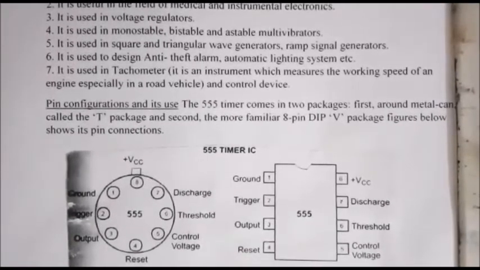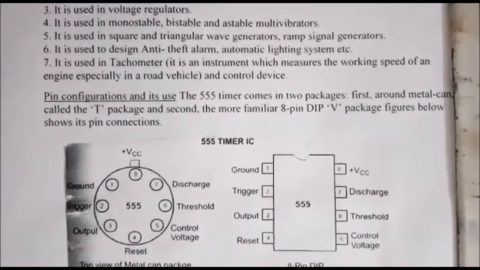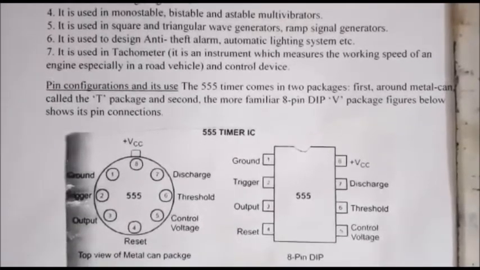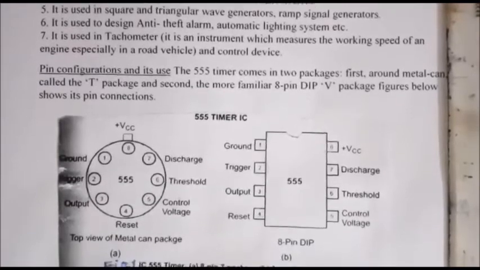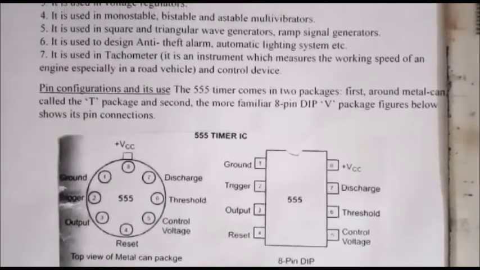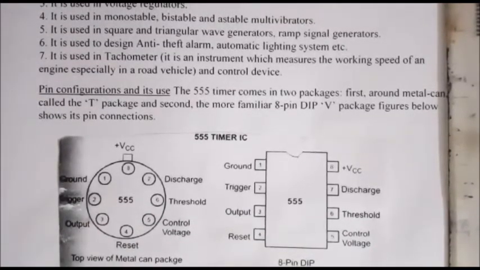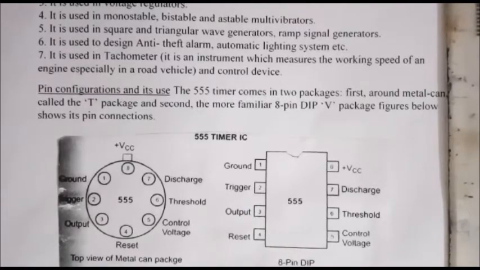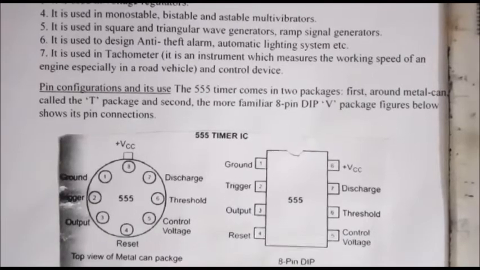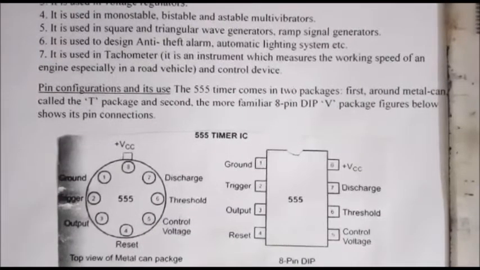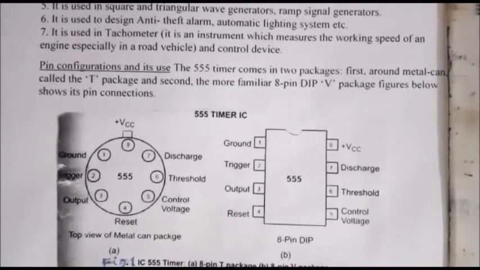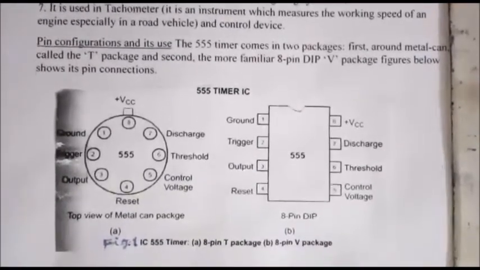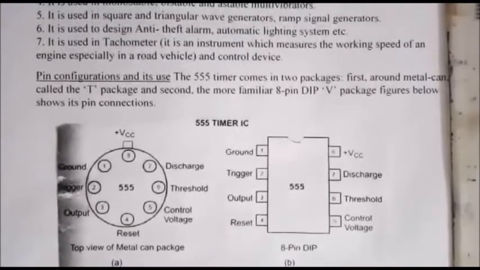It is used in square and triangular wave generators, ramp signal generators, etc. It is used to design anti-theft alarm, automatic lighting system, etc. It is used in tachometer. Tachometer is an instrument which measures the working speed of an engine, especially in a road vehicle, and control device. So there are some of the uses which I have mentioned. It is a very useful device and very sensitive device also, I can say.